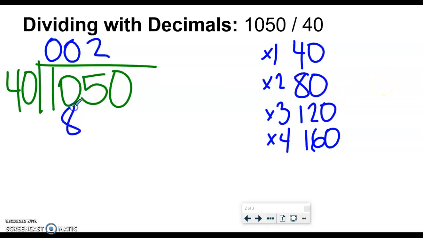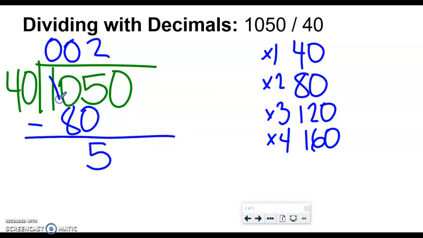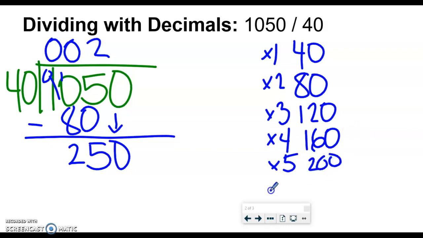40 times 2 is 80. I'm going to subtract. 5 minus nothing is 5. Going to do a little regrouping here. 10 minus 8 is 2. I bring down my 0. Okay. Now, how many times can 40 go into 250? I don't know, so I'm going to keep going over here with my 40s times tables. Okay, 40 times 5. Well, 4 times 5 is 20, so we know that's 200. 40 times 6.